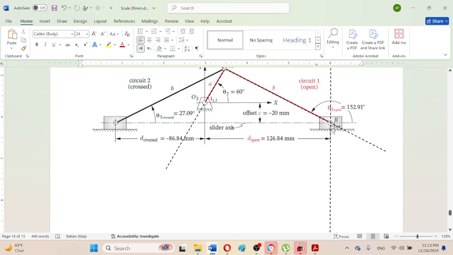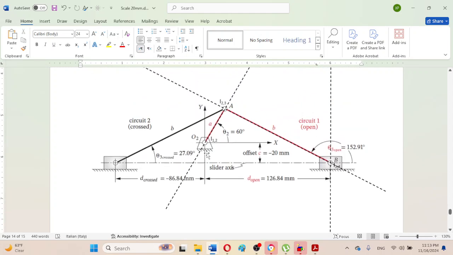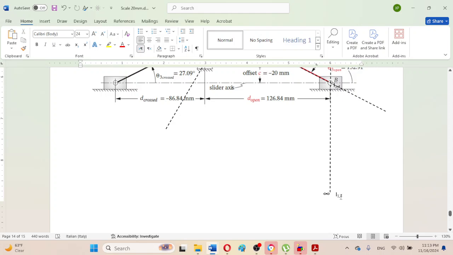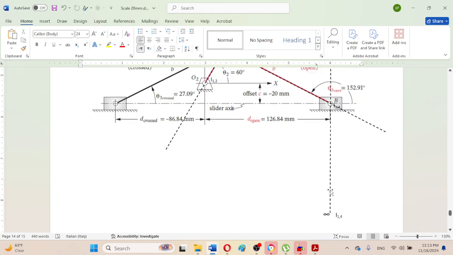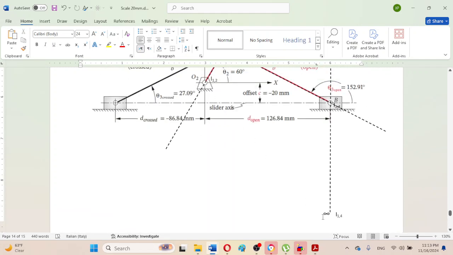But as we observe, this permanent center 1 comma 4 is actually located at infinity, so that means they cannot be connected directly, because it is just shown here as a reference, but infinity cannot be located on the paper.